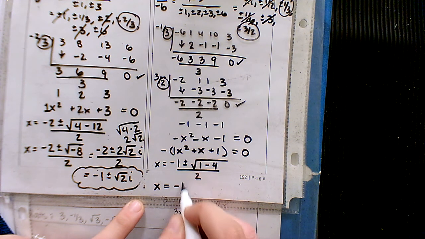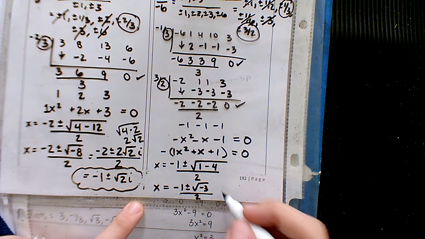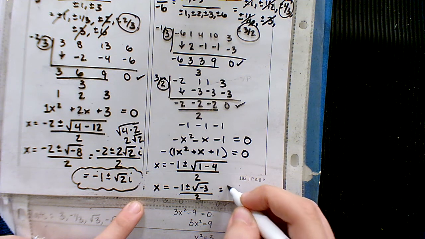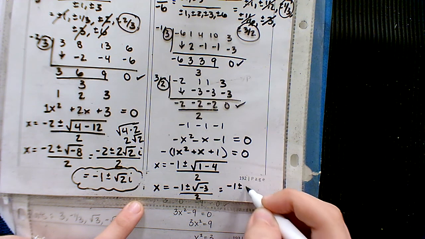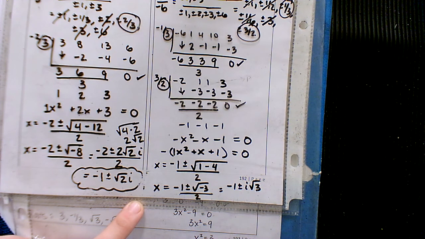So x equals negative 1 plus or minus square root of negative 3 all over 2. And we can write that as negative 1 plus or minus i square root of 3. I'll put the i out front just so you know that it's not underneath the square root. And that's all over 2.